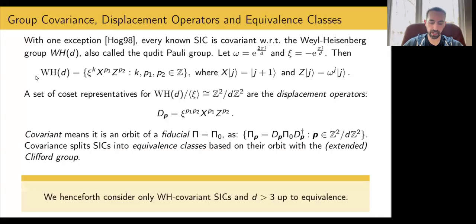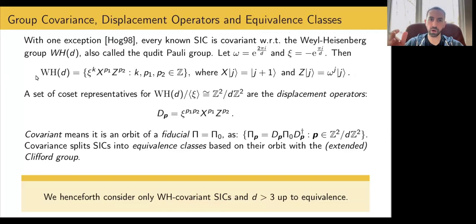Now, because this is the only case that we study here, besides this example due to Hoggar, it's very interesting to ask if there are non-Weil-Heisenberg covariant SICs, but I don't have anything to say about that today. So I will restrict my attention.